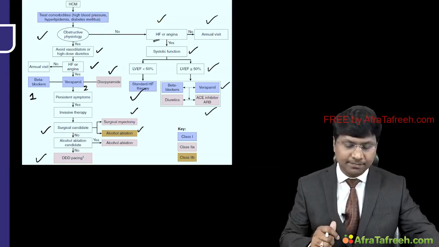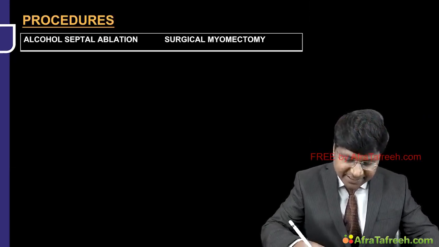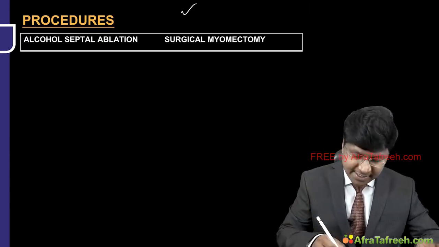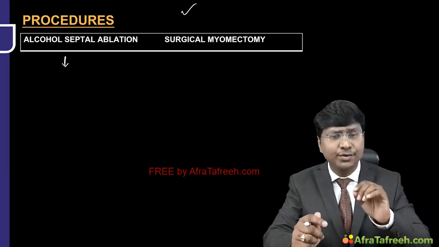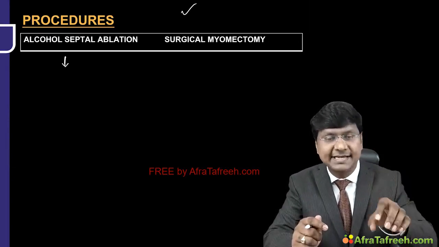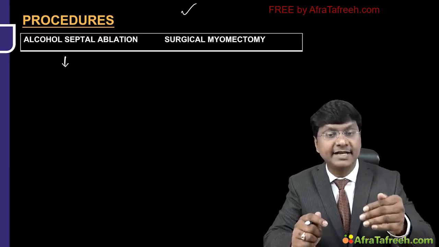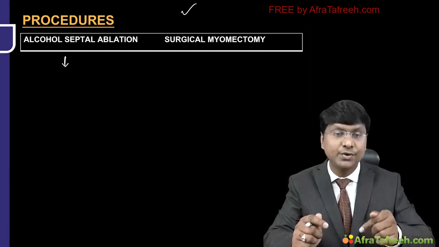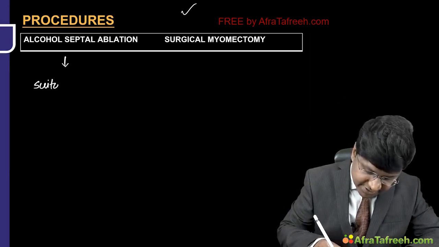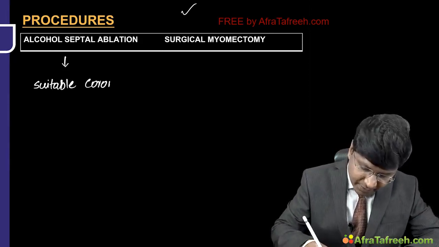Now we were discussing these procedures. What are the two important procedures if the individual is refractory to the medical management? That is the alcohol septal ablation and the surgical myomectomy. See, what you need to do is inject 100% alcohol into the septal branches, which are the branches coming from the left anterior descending artery. For doing this alcohol septal ablation, the very important point you have to remember is the patient should have suitable coronary anatomy, right?